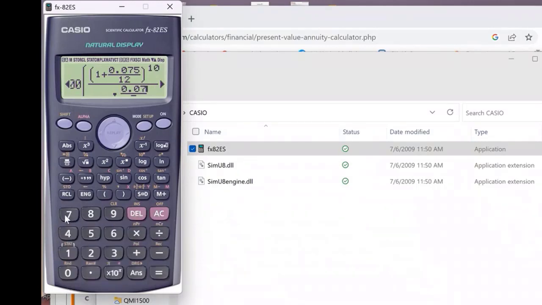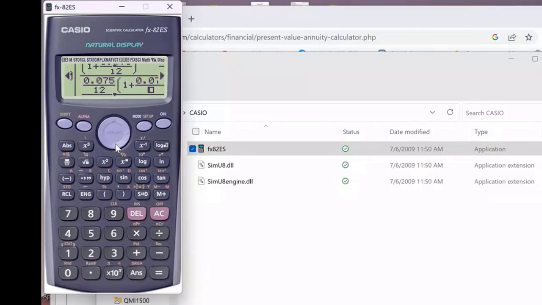75, yes, ma'am, 75. And then on my denominator, I've got 12. And then I need to open brackets, whereby I've got 1 plus 0.075 over 12.